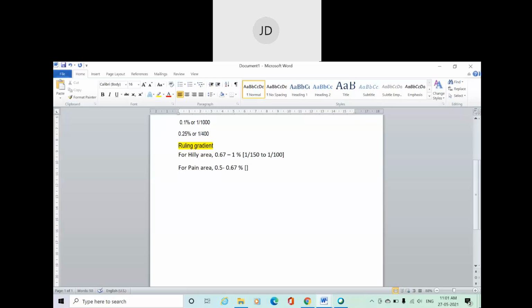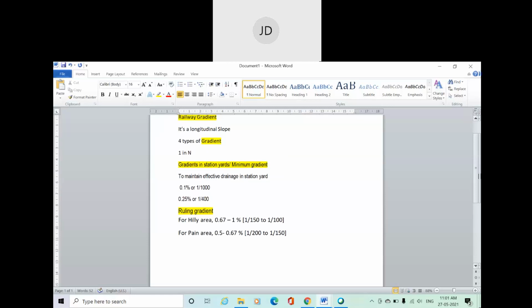In fraction, it will be 1 by 200 to 1 by 150. So you will get this.